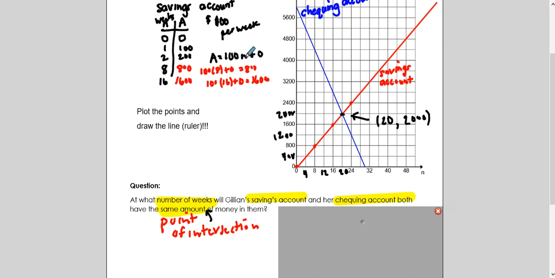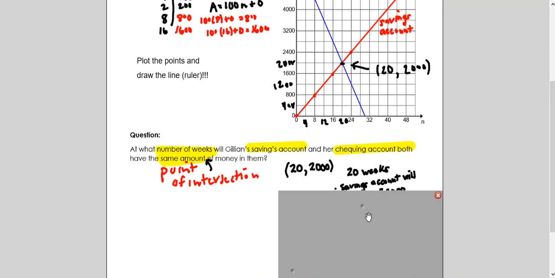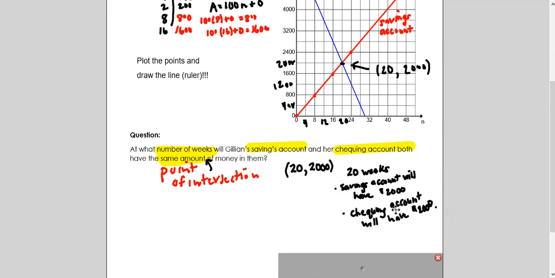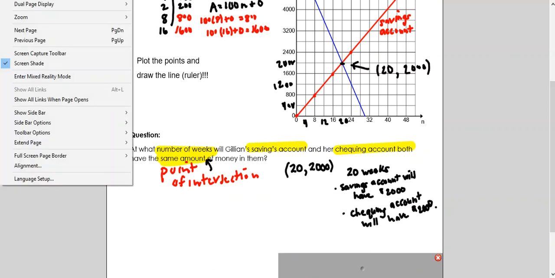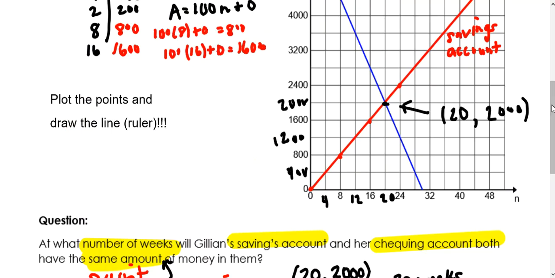All right. So what that's saying there is my point of intersection. Put that back up there. Better be 20 and 2000. So the question is, what does that represent? Well, that's what I got. So in 20 weeks, and I'm going to make this bigger again. All right.